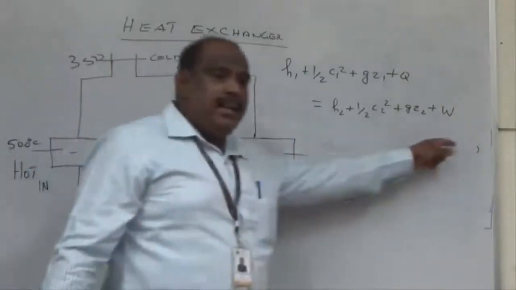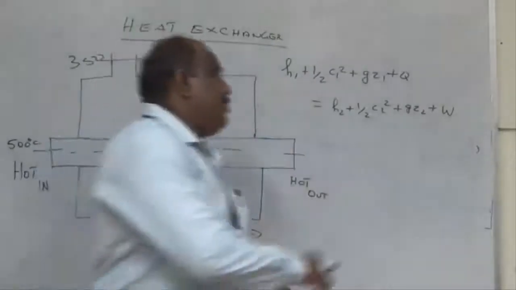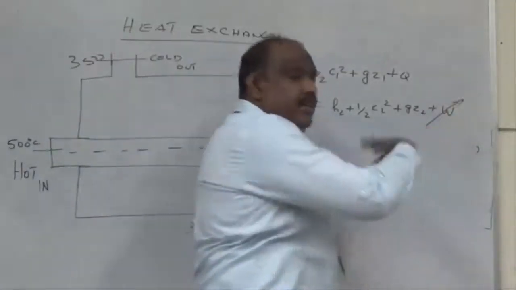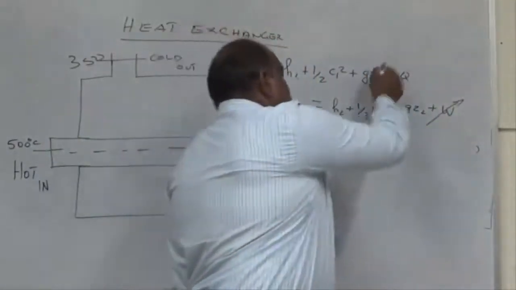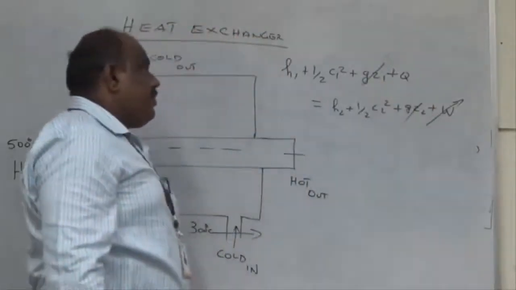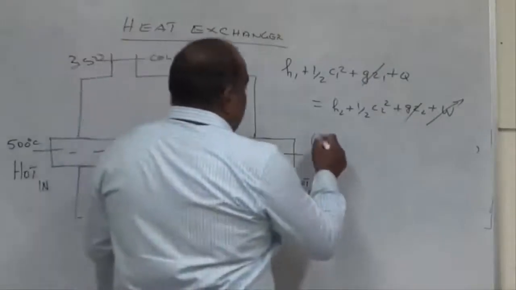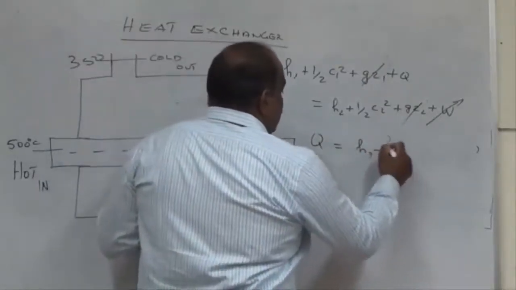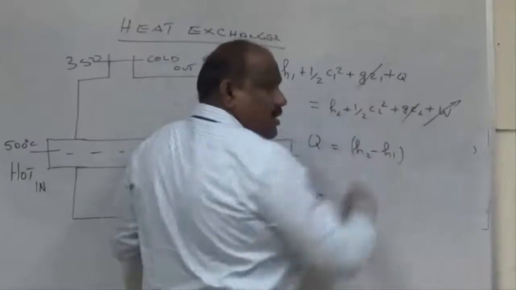No. Then W will not be there, because W will not be absorbed or produced. And we assume z1 equal to z2. Now, what about the heat transfer? Yes, the heat transfer will be there.